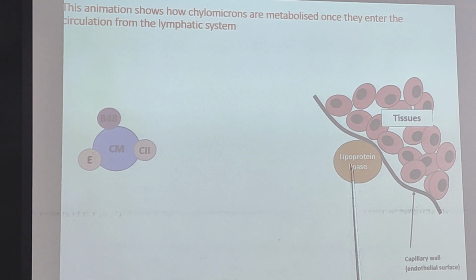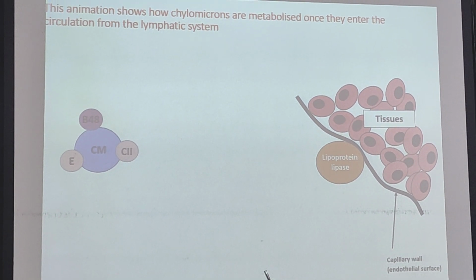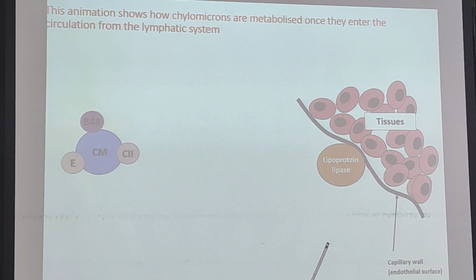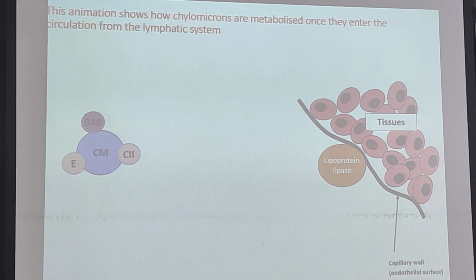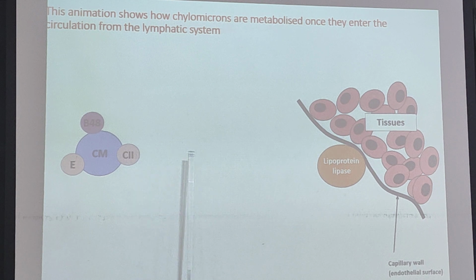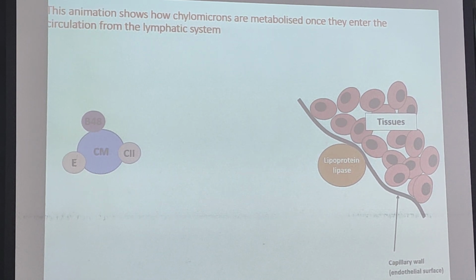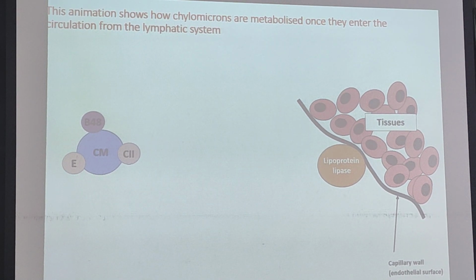In peripheral tissue, we have lipoprotein lipase, which is bound to the endothelium wall of the artery of this tissue. Because the chylomicron has C2, the lipoprotein lipase activates and degrades it.